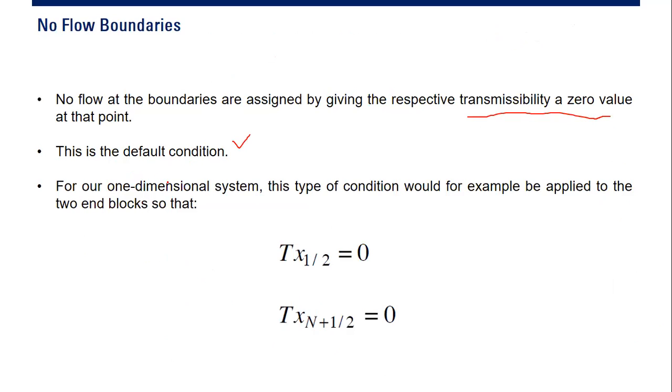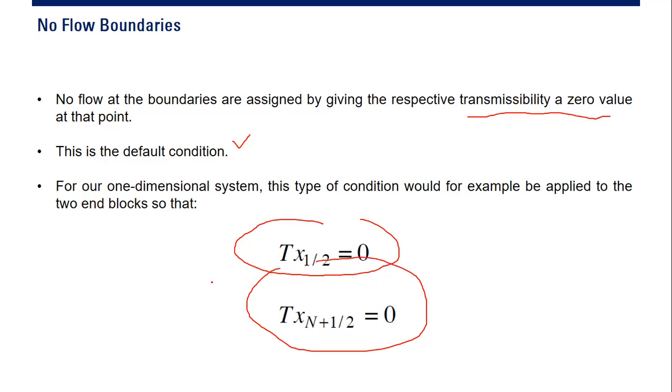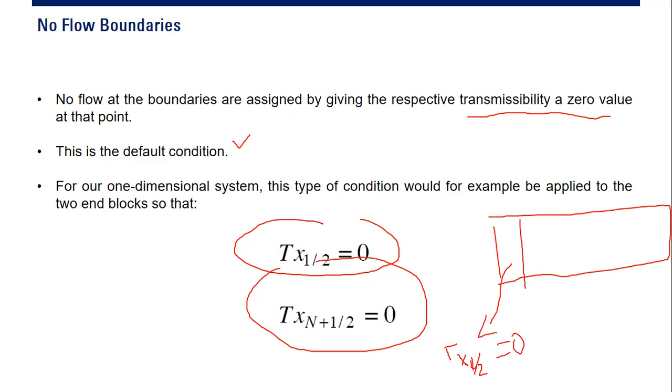For our one-dimensional system, this type of condition will, for example, be applied to the two end blocks so that here transmissibility is 0. So if we have here transmissibility on the left, T at x1 per 2, half, equals to 0.